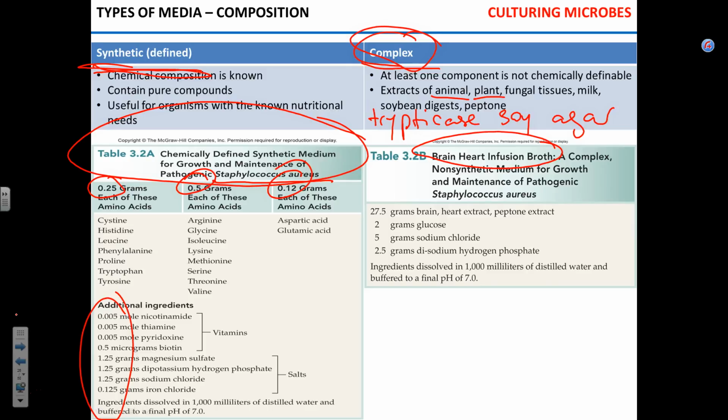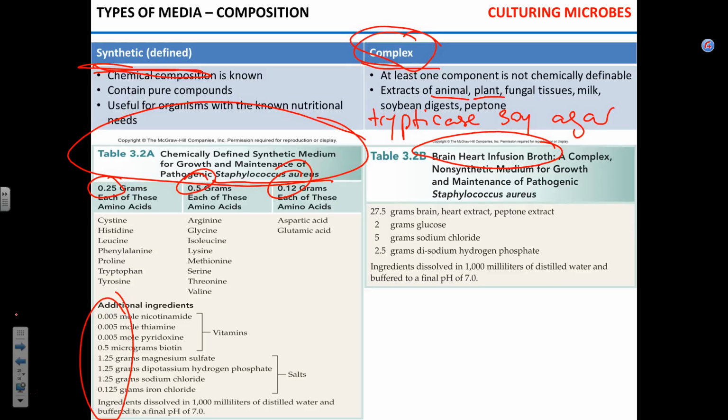Here's the exact composition. We took 50 grams of BHI, 10 grams of peptone, water, and mixed it all together and just grew the microbes on it. Does that make sense? So any other lab can take the same BHI, same peptone, same water, which is kind of harder, but assume same water, mix it up and replicate your result.